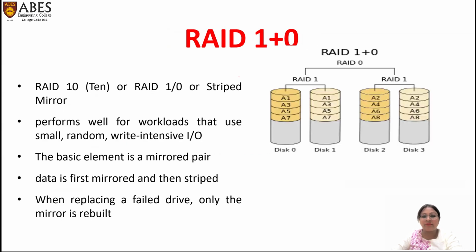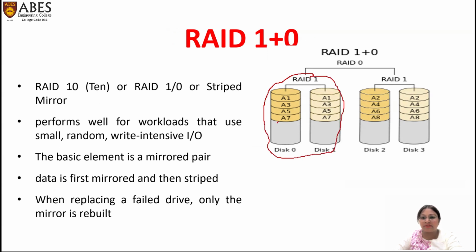Here is RAID 10. In RAID 10, we get the advantage of both RAID 0 and RAID 1. As you can see in the lower level, we get RAID 1 like mirroring.